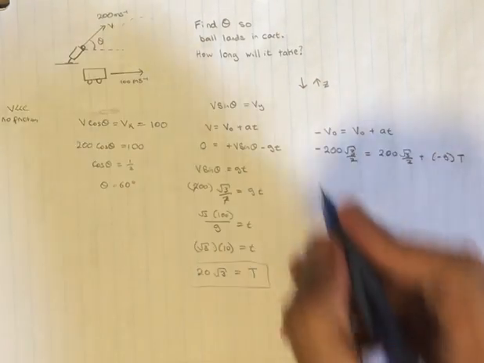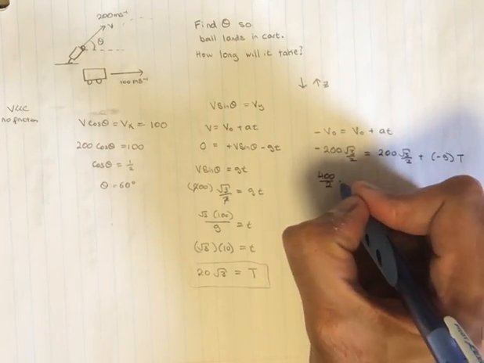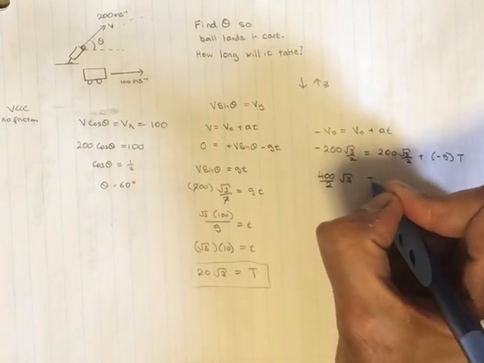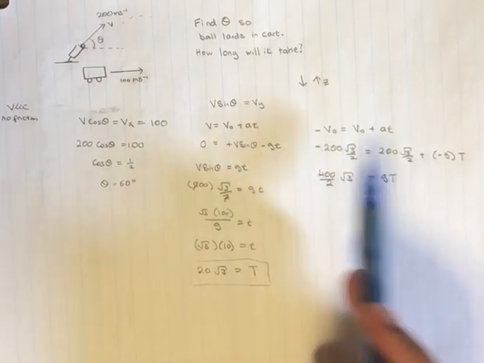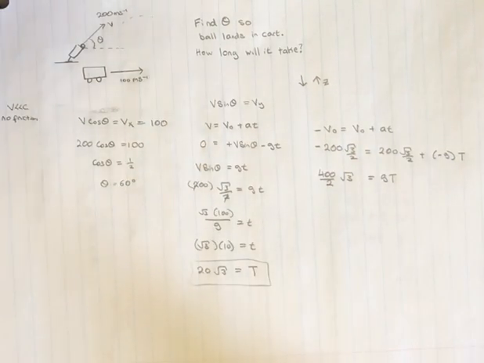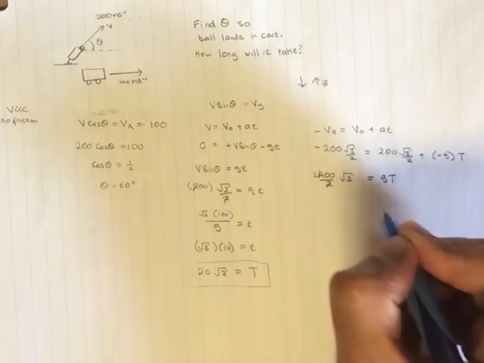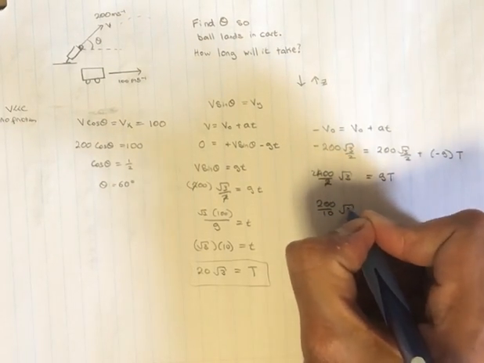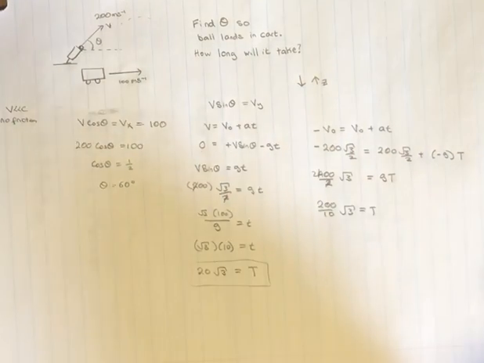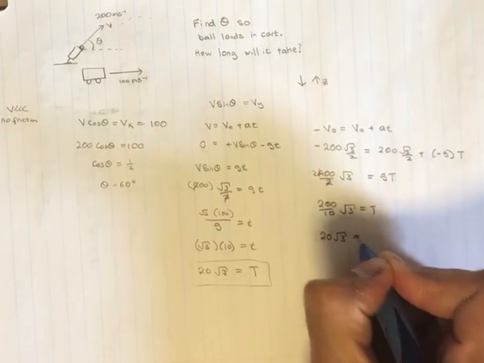So when we solve this, we find that 400 divided by 2 root 3 is equal to gt, bringing the 200 over and then getting rid of the minus signs. So once again, we cancel the 2's and we divide by 10 for g. Therefore, we get 20 root 3 is equal to t.